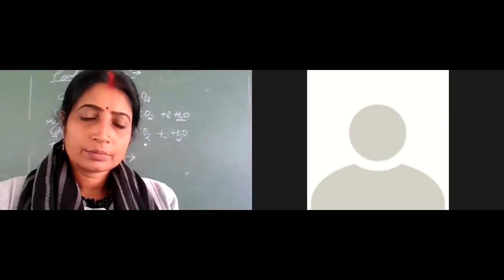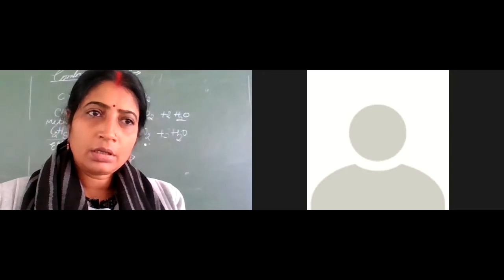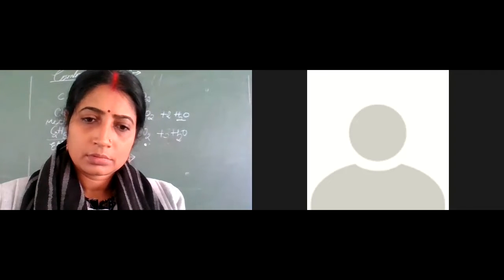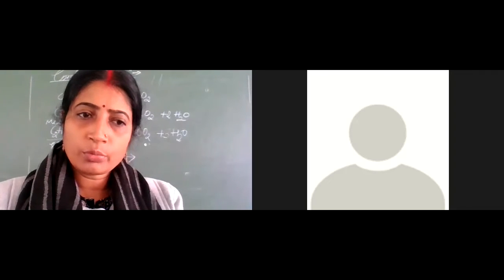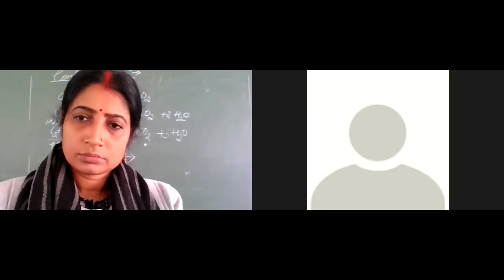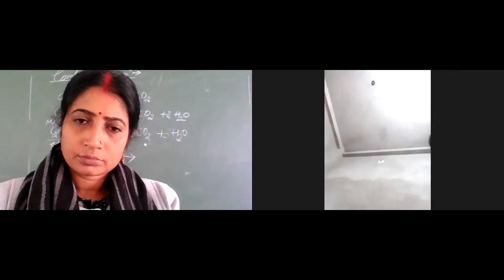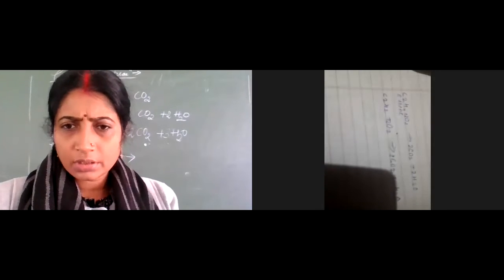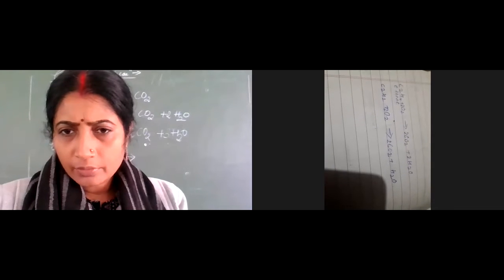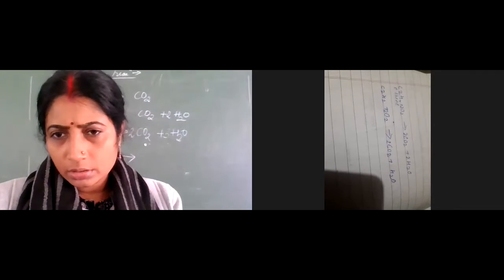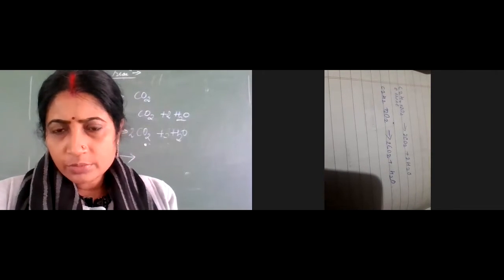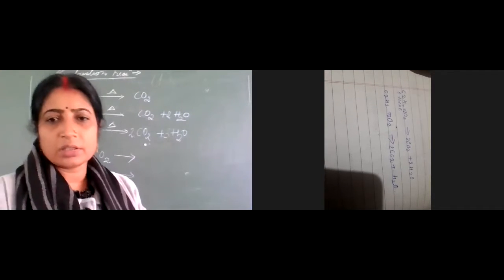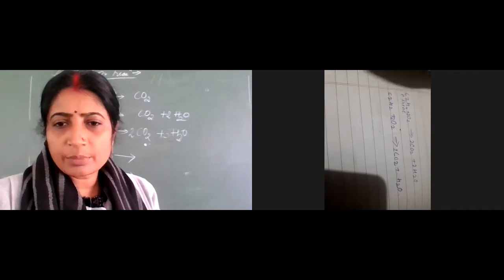Okay, Kriti, show your notebook. Have you written? But it's not clear. You have written 2O2, C2. ऊपर वाला क्या है? Is it balanced? No, I don't think it is balanced. Kriti, is oxygen balanced?